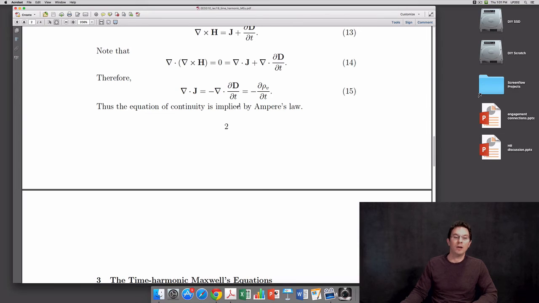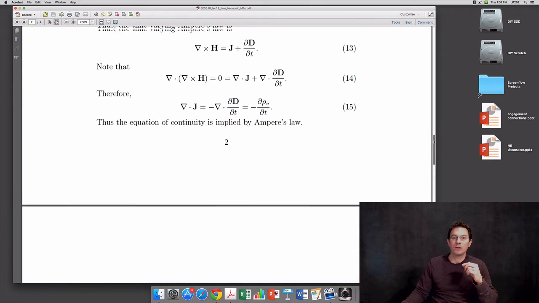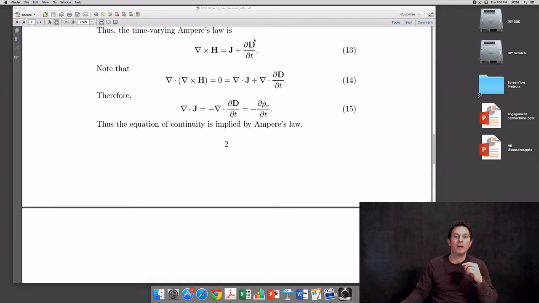And again, we know that the divergence of D is rho v. You can make that substitution. Voila, del dot J is equal to minus the partial of rho v with respect to time, which is our equation of continuity. So Ampere's law, in its most general form, implies the equation of continuity. It's completely compatible with it.